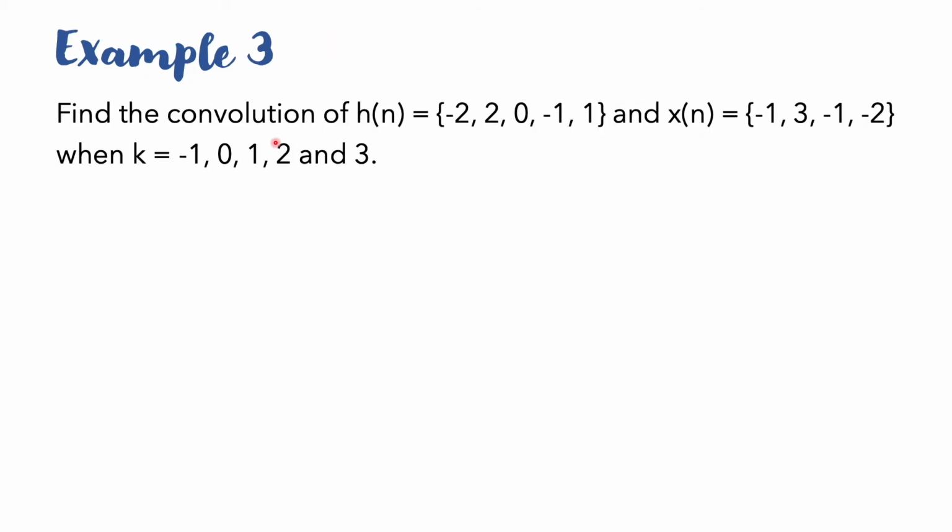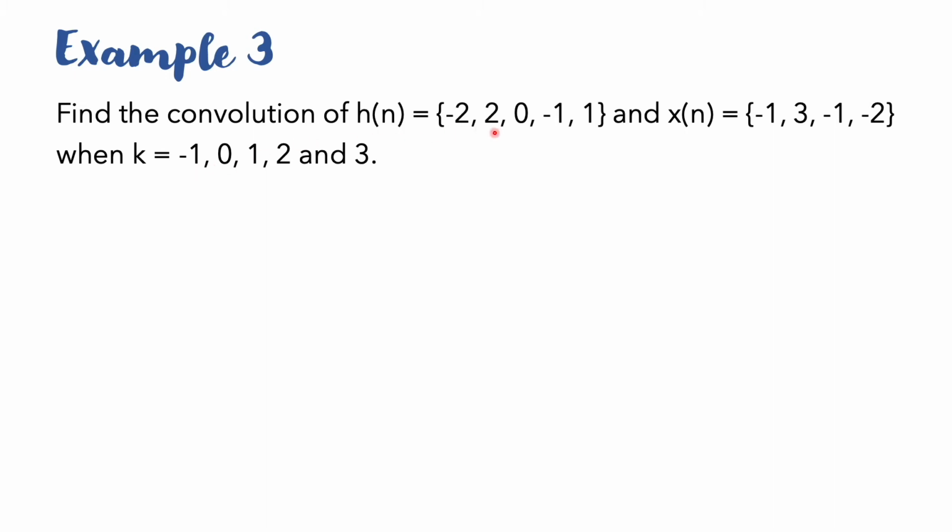Okay, the third example. In this example we have to find out the convolution of this impulse response and this input sequence when k is equal to -1, 0, 1, 2 and 3. Now notice that our k is starting from -1, not from 0 as it was in the previous example.